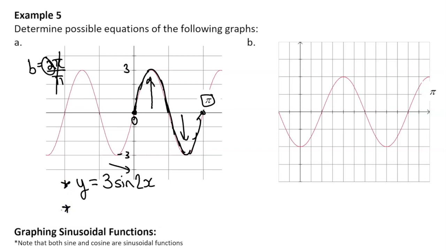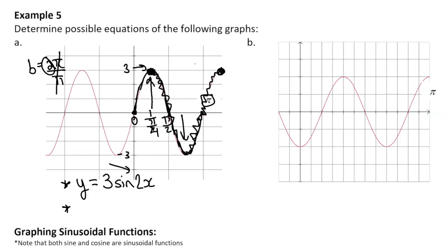Cosine always starts at its high point, which is right here. Halfway between 0 and pi would be pi over 2, and halfway between that would be pi over 4. So we've shifted over pi over 4 units to get to that maximum point here. And then it would just terminate right there.